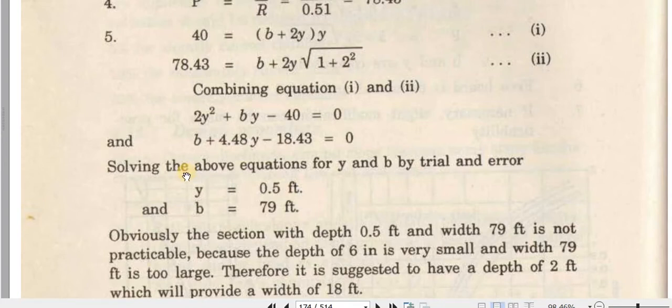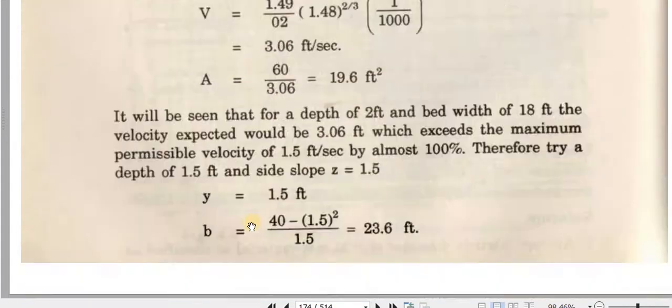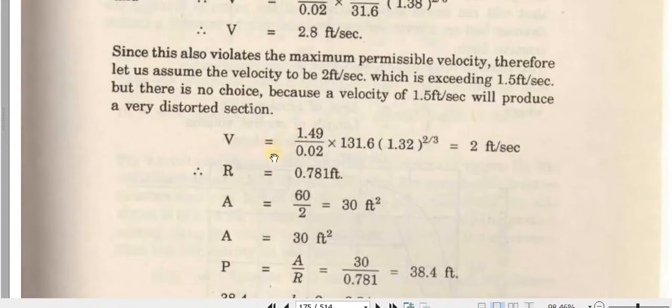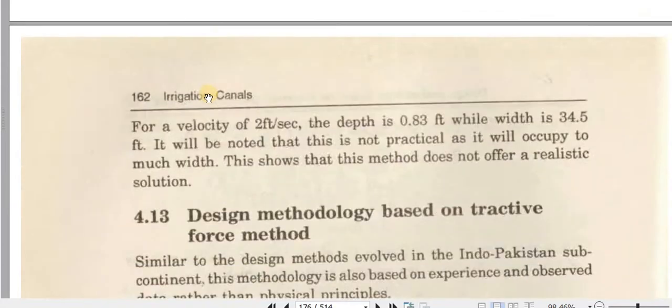Can you visualize in your mind a channel with a width of 80 feet and a depth of water in that channel of 0.5 feet? It is not practically possible. So our target in this maximum permissible velocity design was to increase the depth a little bit and to decrease the bed width in order to decrease the total excavation and canal cost.